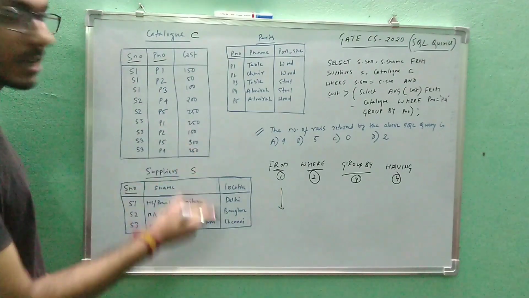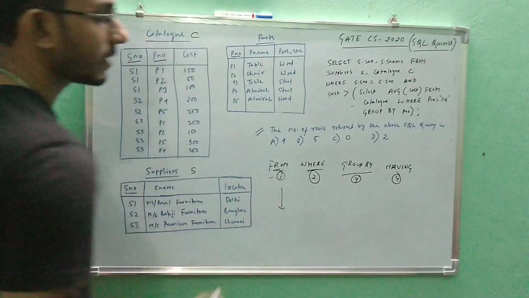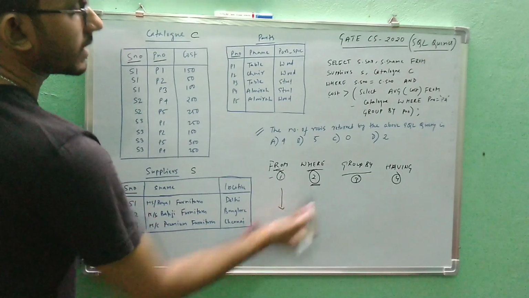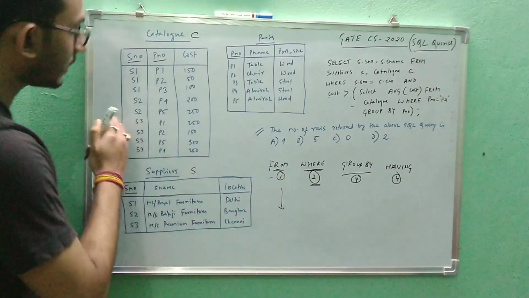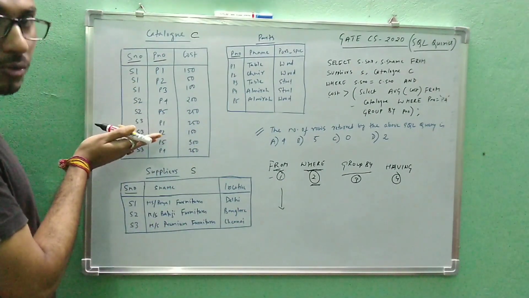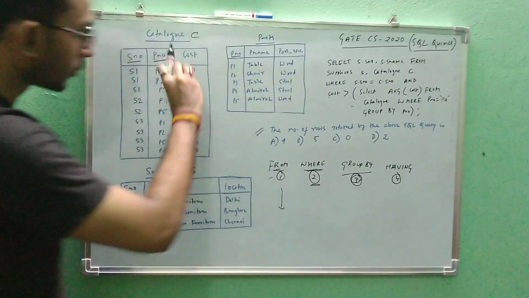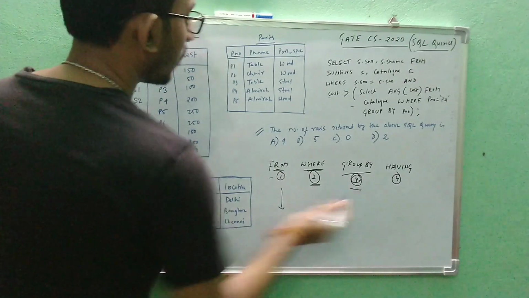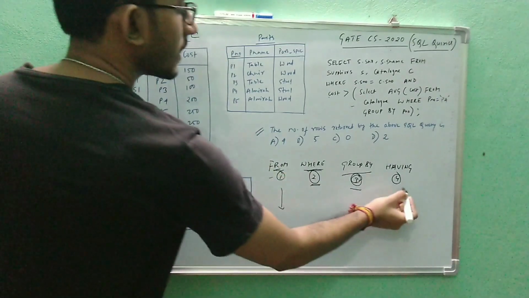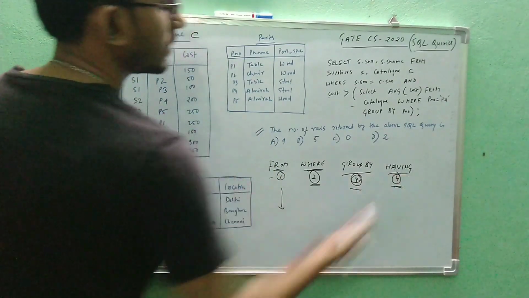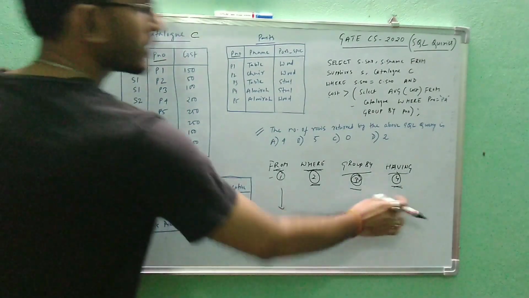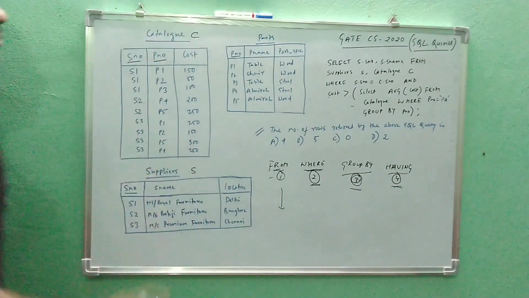Once the table is fetched, we see the where condition. Using the where condition, we filter out the rows. After we filter out the rows, we go to group by, if we have to group some rows. Then on those grouped rows, if we have to apply any condition, we use having. Once all this is done, we are going to use select.